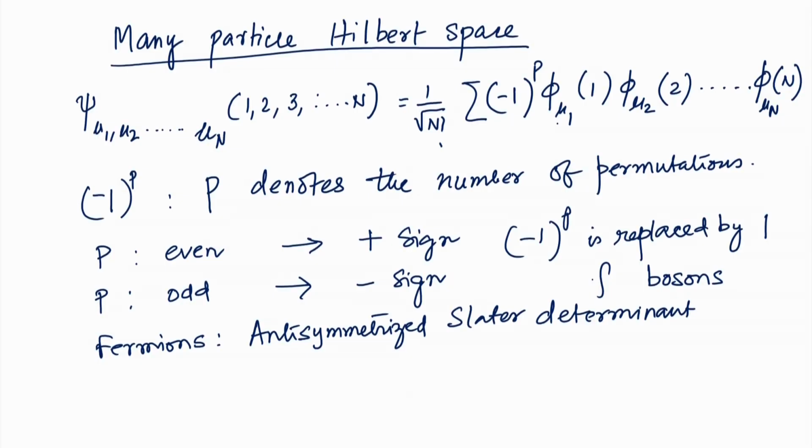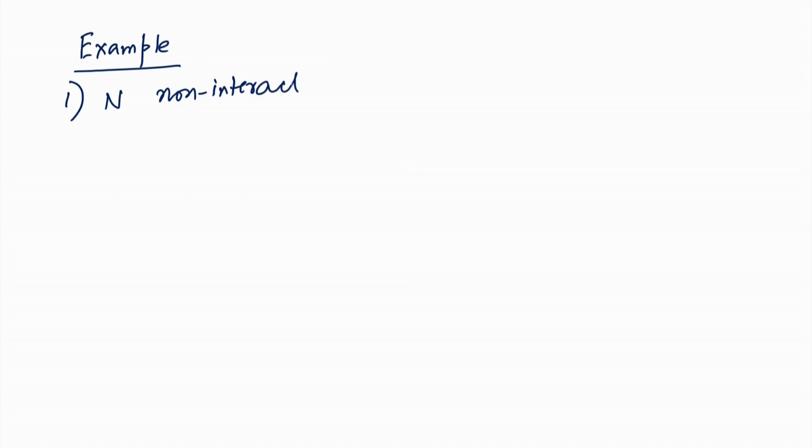So, there could be more examples. Let us give an example of a many particle system. So, there are n non-interacting particles, in which case we will write the Hamiltonian.